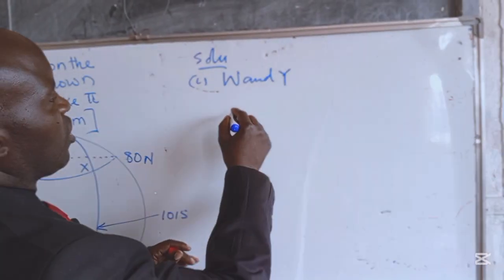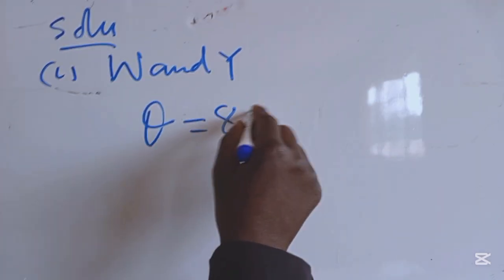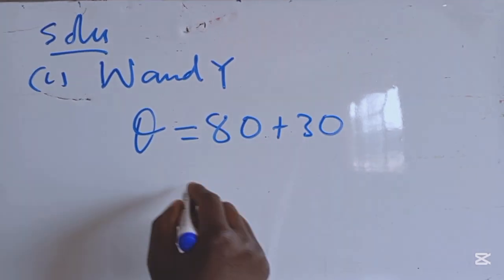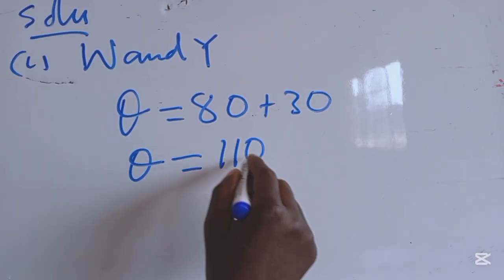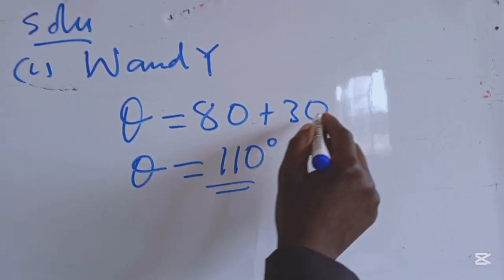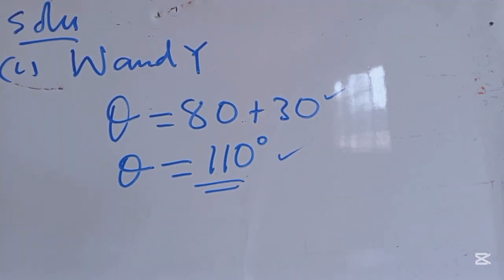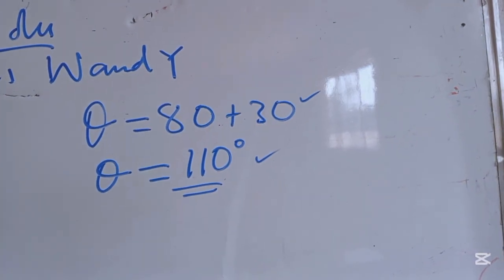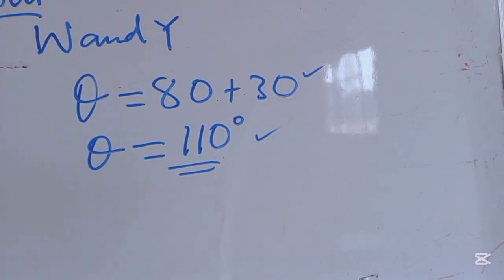No, you have to show. You say theta is equal to 80 plus 30, and from there you are going to have 110 degrees. By showing this, it attracts a mark. So please, you have to show this statement. It's very, very important.